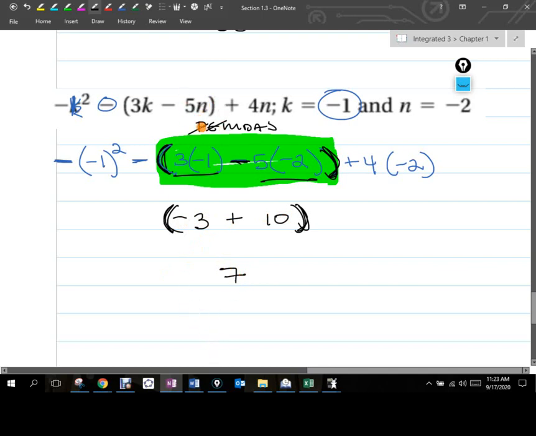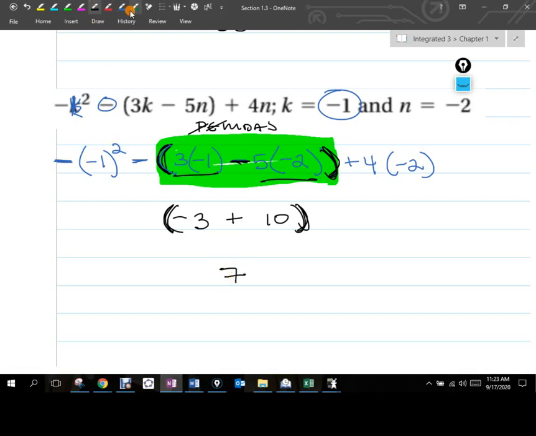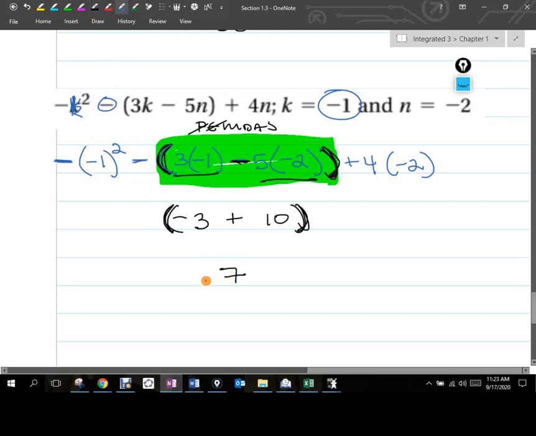So, working in order of operations, and I identify my parentheses, I have worked inside those parentheses with the order of operation enough to get down to a singular value, right? So this green stuff is gone. This green stuff is replaced with 7. I'm going to rewrite all the other blue stuff from the original problem that we didn't touch at the onset.